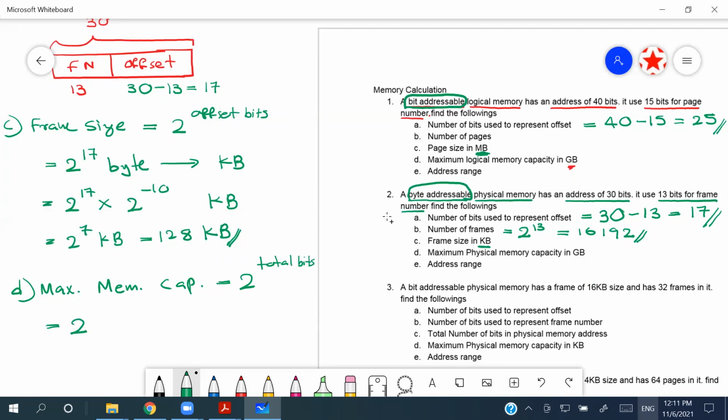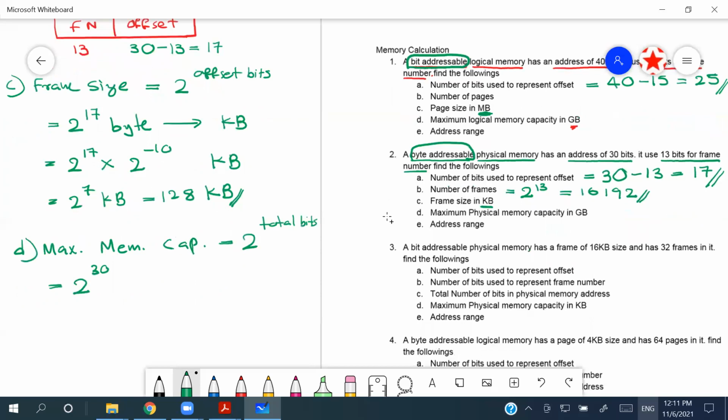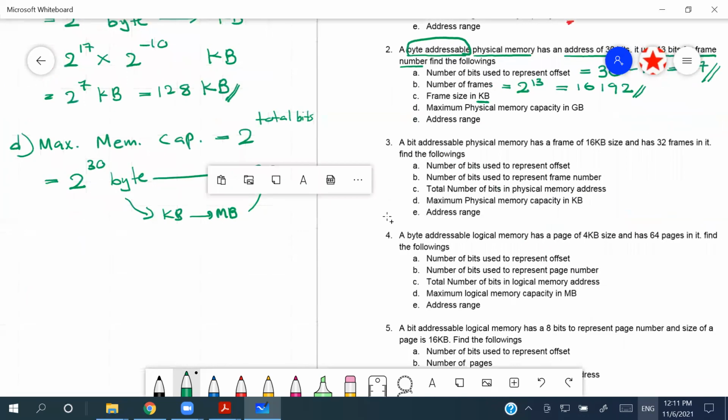So that means 2 to the power 30. The address has 30 total bits. Again, this comes as bytes, right? So I have to convert from byte to gigabytes. Bytes become kilobytes, kilobytes become megabytes, megabytes become gigabytes. So how should the conversion go?